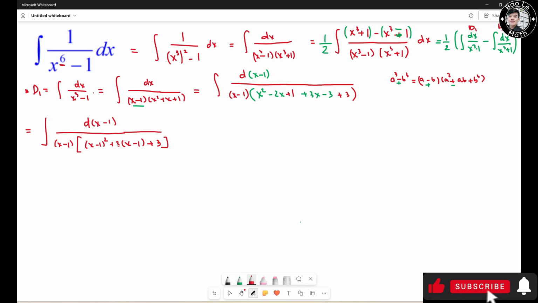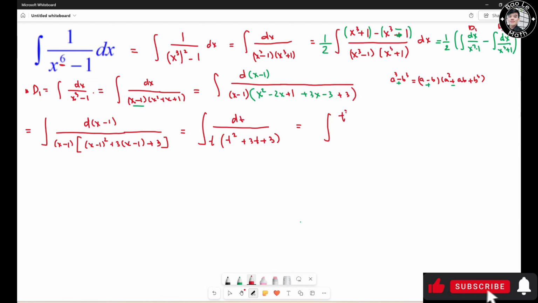Alright, so now I'm going to use substitution, right? So I just let t equal s minus 1. So this guy turns out to be dt over t times t squared plus 3t plus 3, right? Now next one, I need to use fraction decomposition to split this guy up. So this guy turns out to be t squared plus 3t plus 3.